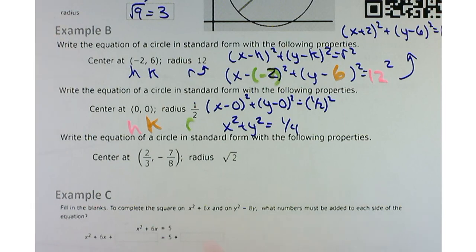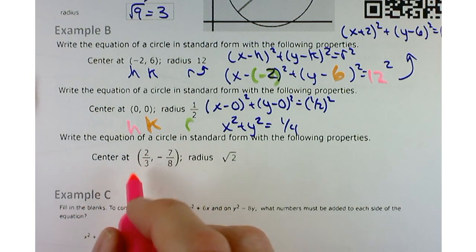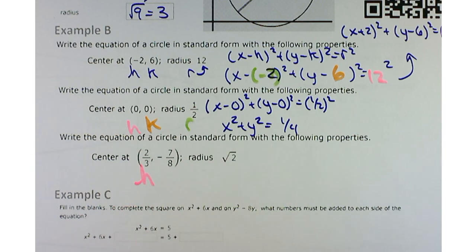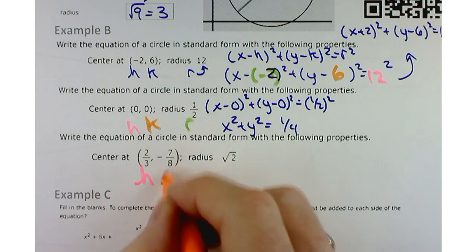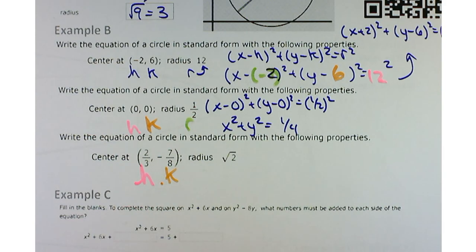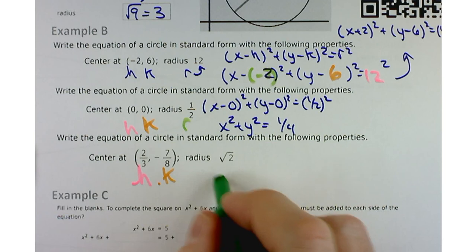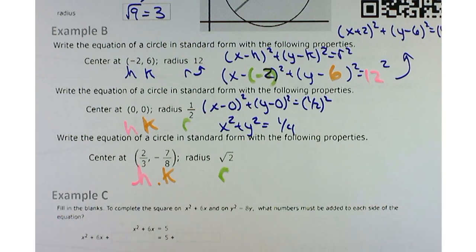Let's try that one last time for some less than friendly numbers. This time we have 2/3, -7/8, and square root of 2. Again, this is something that I'd want simplified. I hope this is kind of easy stuff.